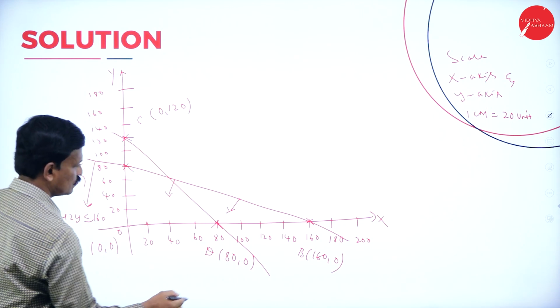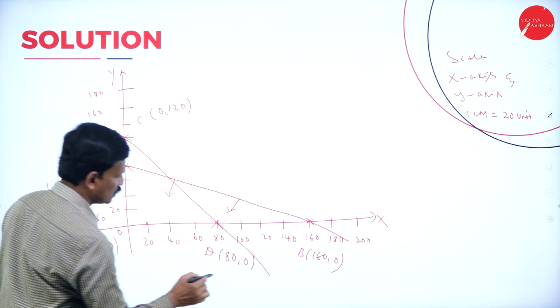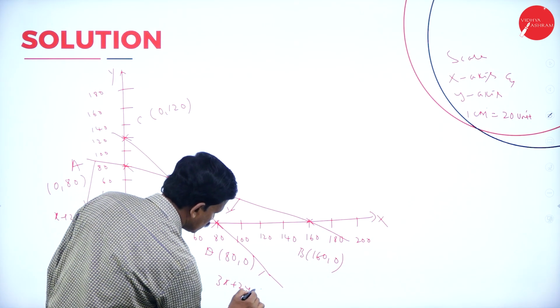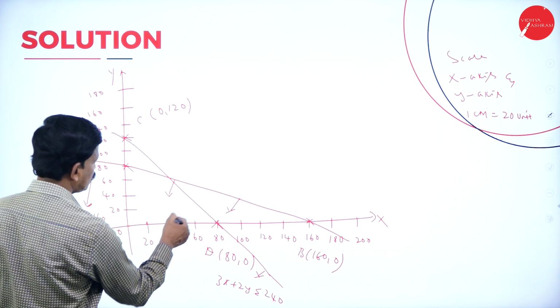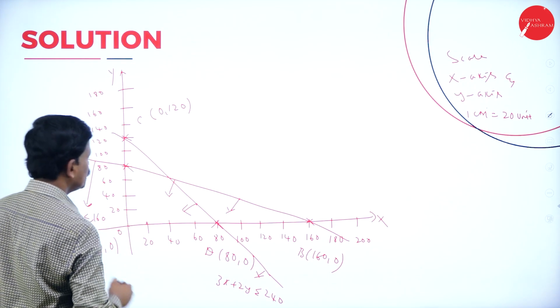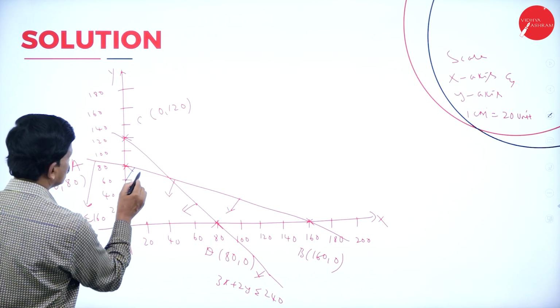Now what is this curve? 3x plus 2y is less than or equal to 240. This will also go in this direction. Therefore, the shaded region is the feasible region.